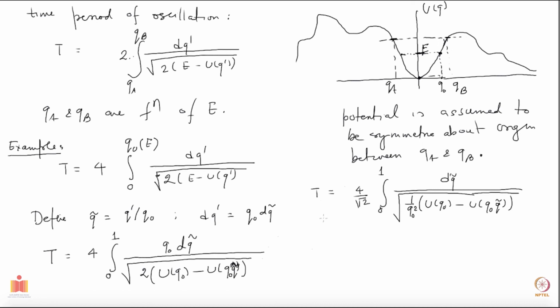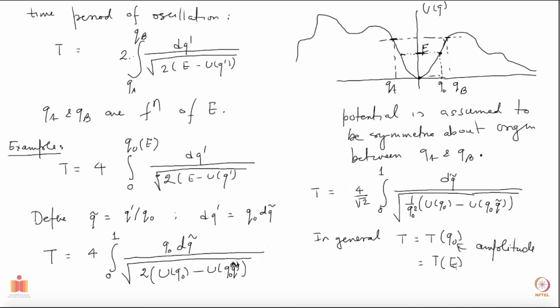So in general, T is a function of q0, and remember q0 is the amplitude. Or I can also say that T is in general a function of total energy E, right? Because Q naught is determined by E. Now let's ask whether it is possible to choose the potential energy to be such that T does not depend on Q naught.